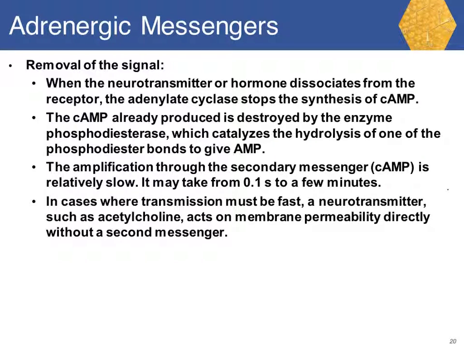The enzyme phosphodiesterase destroys the cAMP that is already produced. The phosphodiesterase causes the hydrolysis of one of the phosphodiester bonds, changing the cAMP back into AMP.